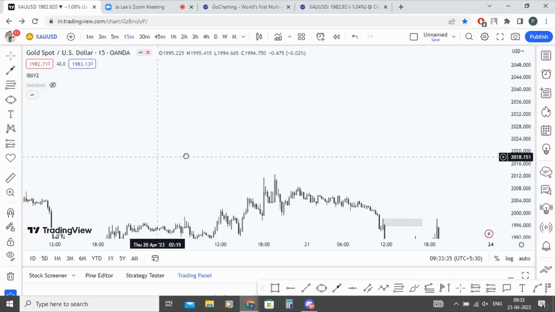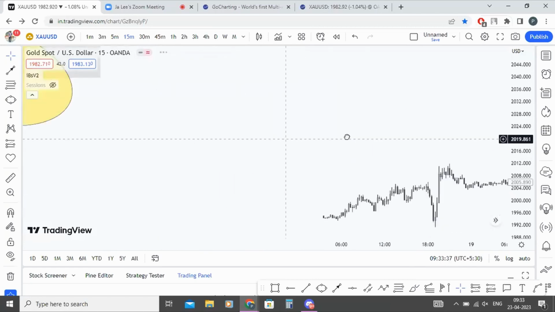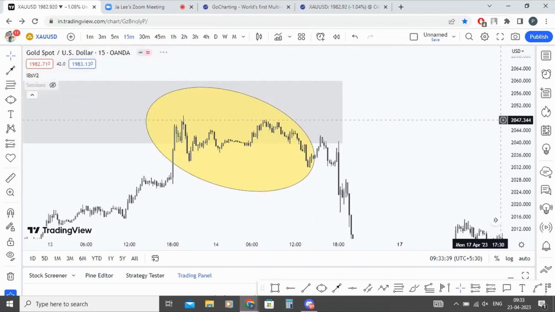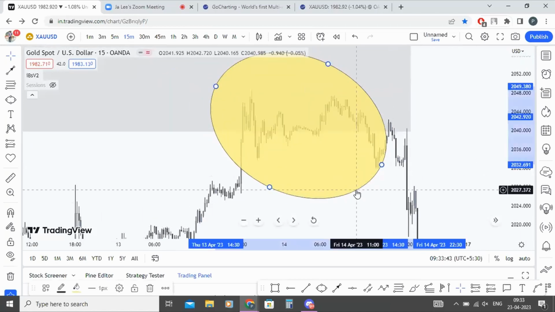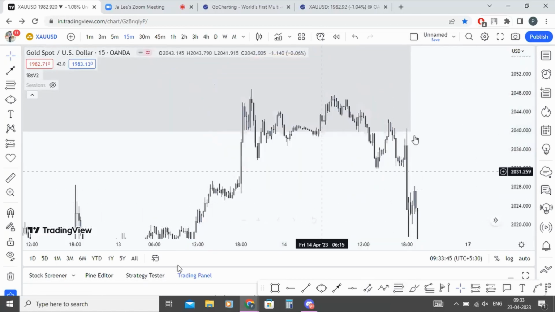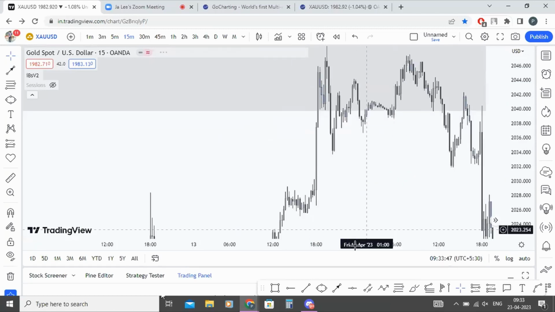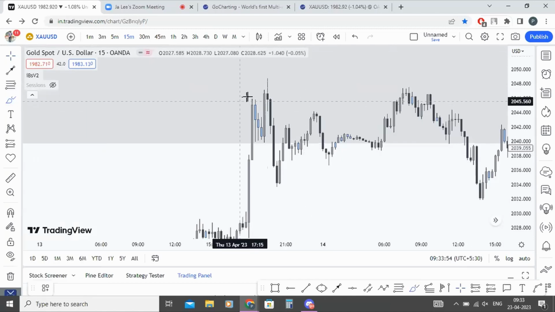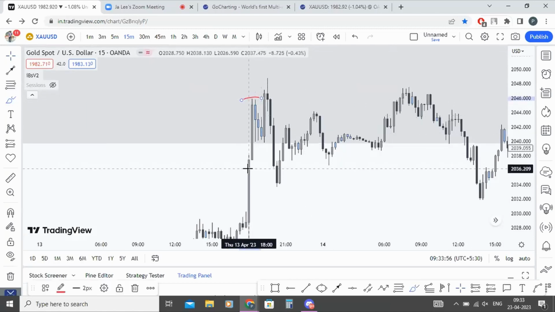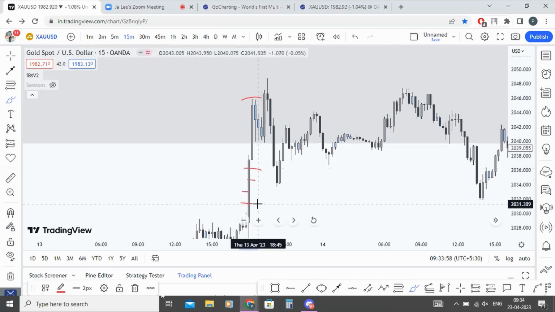So we have the 4 hour zone, and for the confirmations, we have to go to 15M. So if we have a look right here, when this high was forming, I was expecting a pullback somewhere here, but it made this small little low and went up.